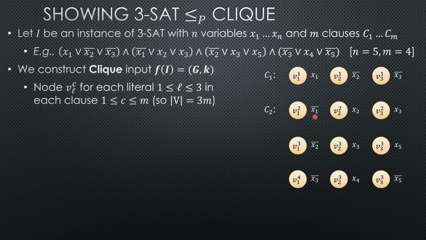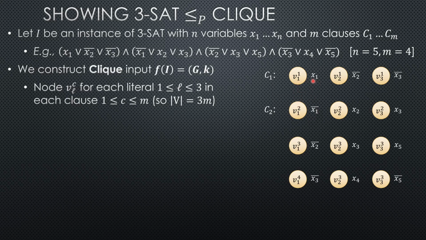So what are the edges of our graph going to be? We're going to try to somehow encode logical consistency or contradiction between the literals associated with these nodes. For example, if I were to draw an edge from v11 to v12 here, that would be an edge between 2 nodes where the literals are positive x1 and negative x1.